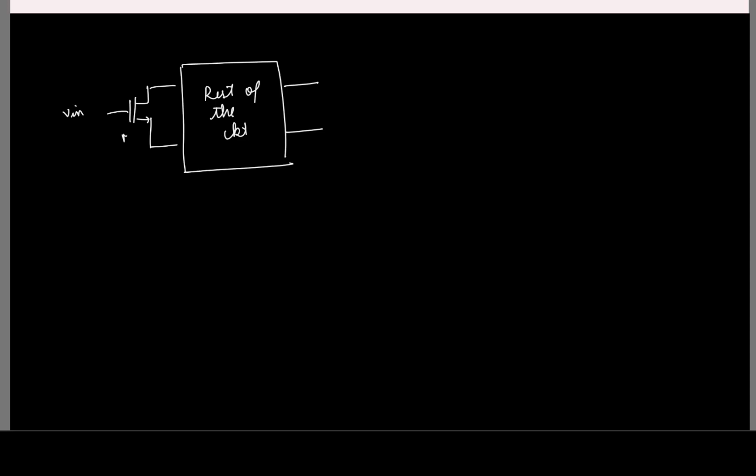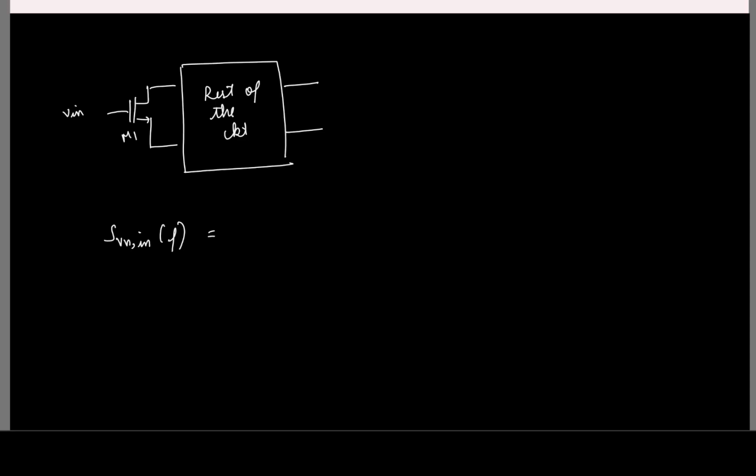wherein the input is given to the gate of a MOSFET, and say the rest of the circuit is here. Now here if I try to find the input referred noise voltage due to each of the elements, what can you say about the noise contribution due to this transistor M1? If I try to find the input referred noise power spectral density, I'll have contribution due to each of the noisy elements.